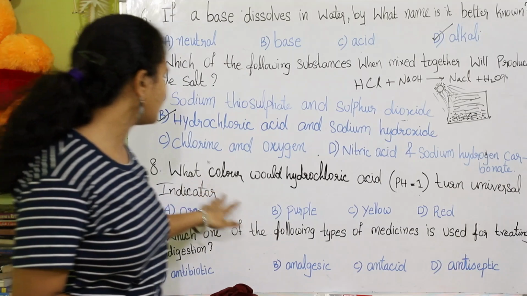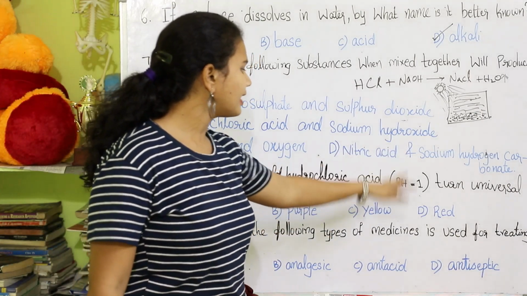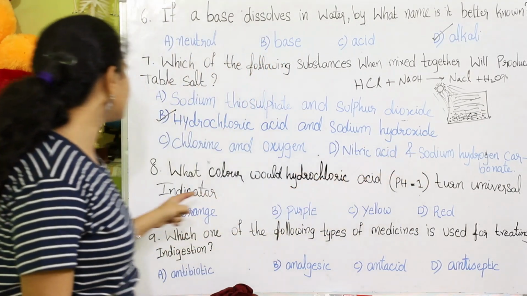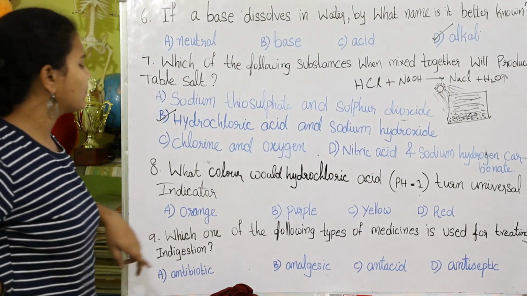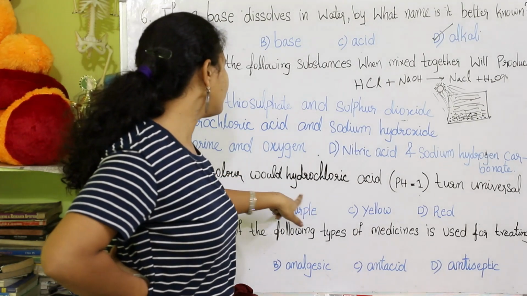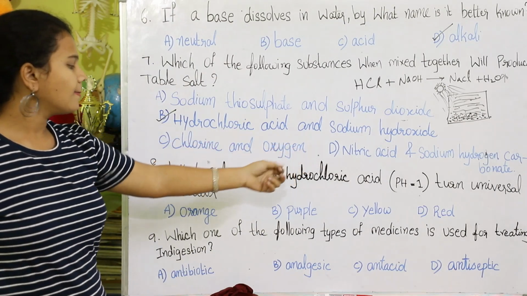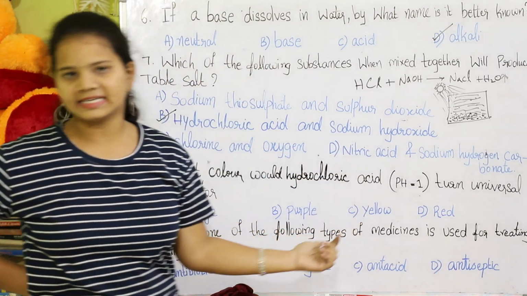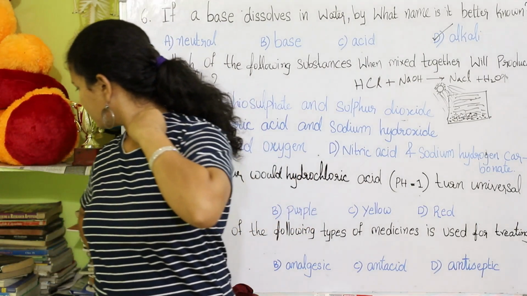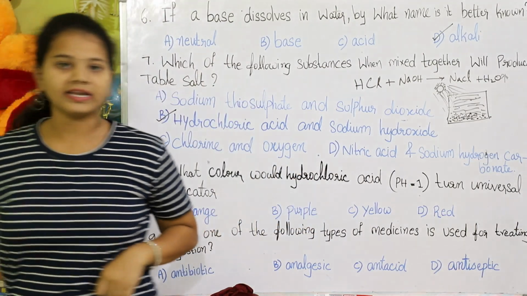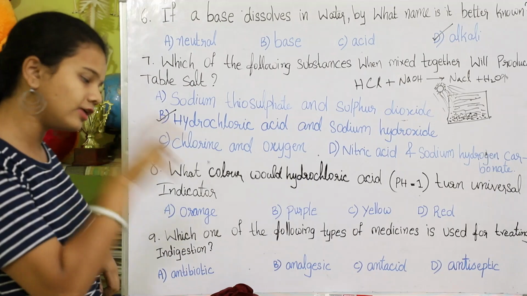Now next one: what color would hydrochloric acid with pH equals 1 turn universal indicator? The name itself says it is an acid, hydrochloric acid.